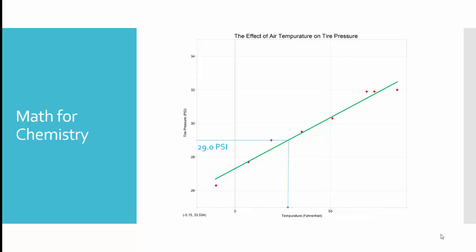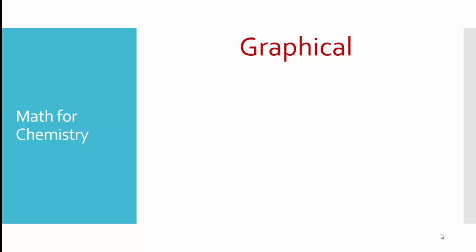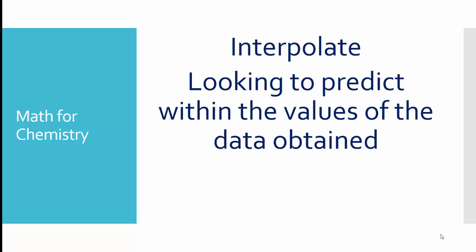If I gave you the y value and asked for the temperature, you would just do this in reverse. Now when you're doing things graphically, you can figure things out by interpolating or extrapolating. When you interpolate, you are looking to predict the result within the values of the data obtained.